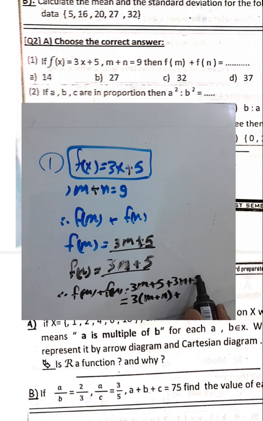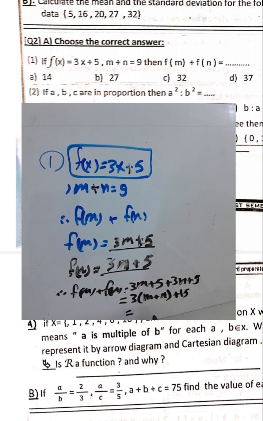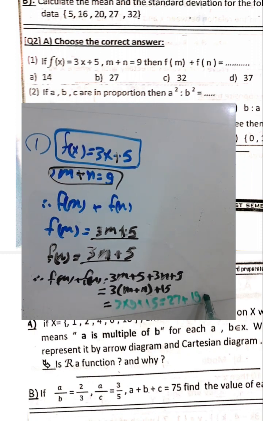Then put m plus n equal 9 in this relation: 3 over 5 times 9, and the result will be 27 over 5.